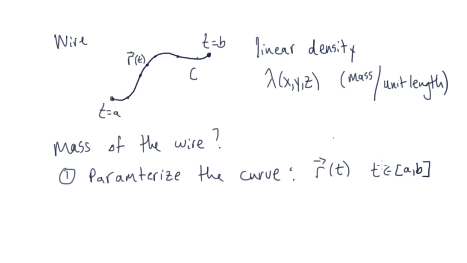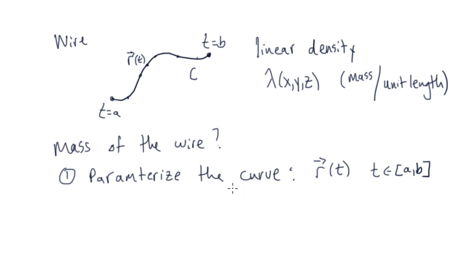So remember, r of t is just tracing out the curve. And here we're using t, and we could think about this as being the path of a particle and t being time, but here, t is really just a parameter that's tracing out the curve.